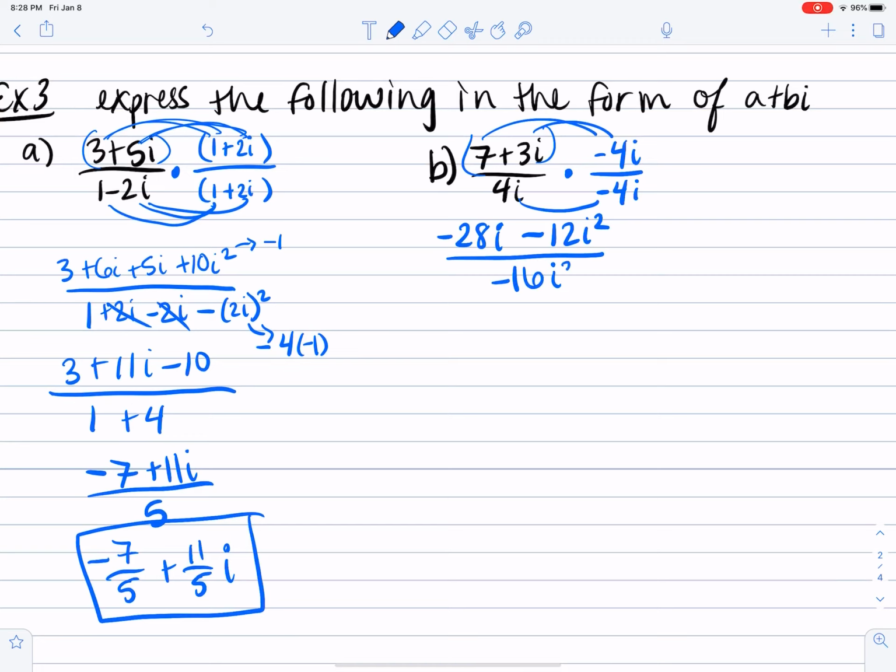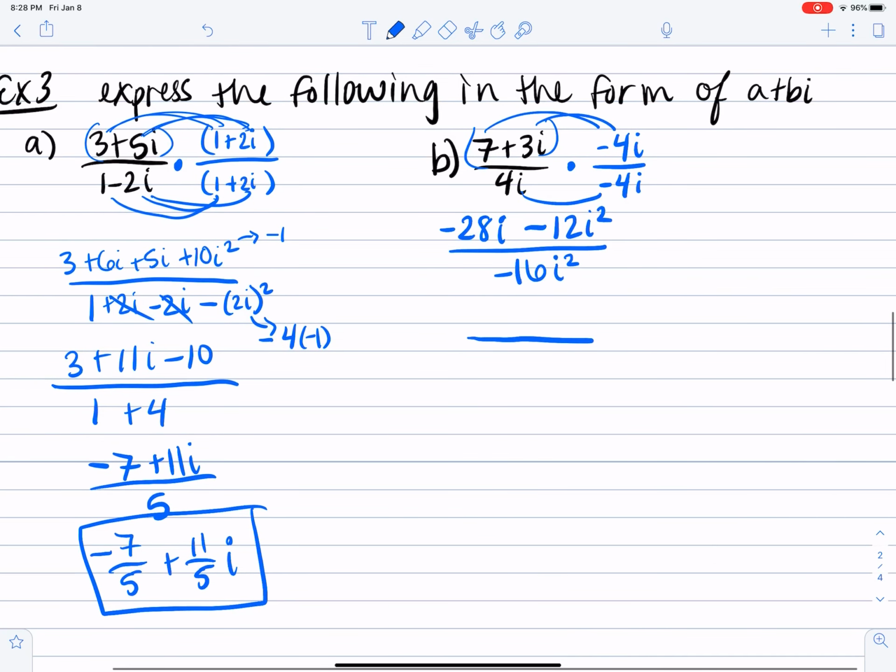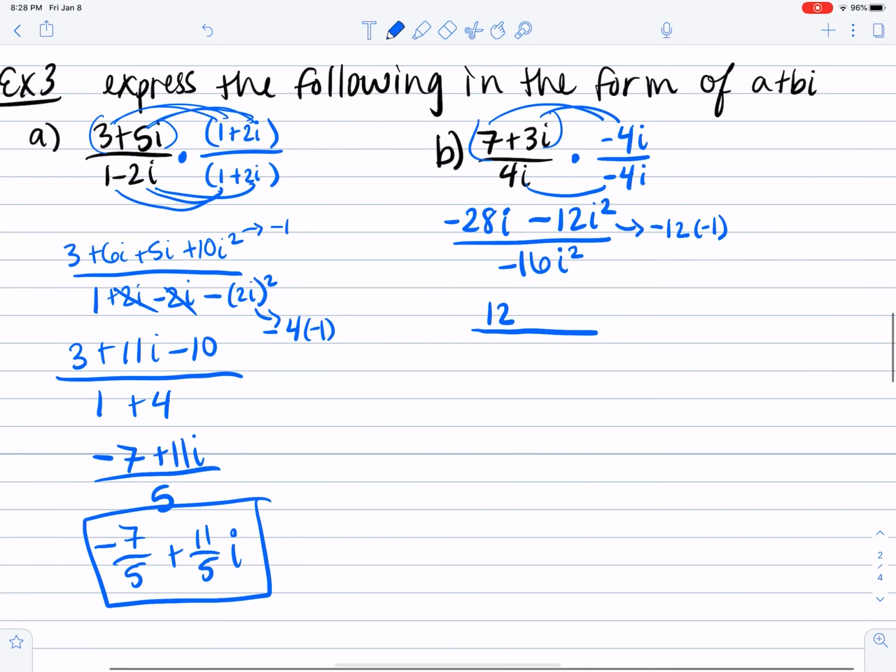and then our i's square. And remember, that becomes a positive, non-negative real number. So the bottom is going to simplify. Let's simplify the top first. We need to put our real number first. So this is actually going to be our real number because it's going to be negative 12 times negative 1, so that's going to be positive 12. And then that negative 28i comes over here.